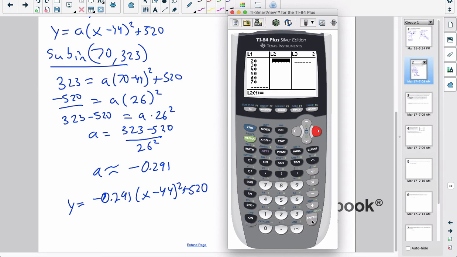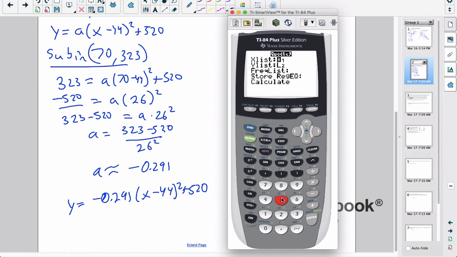And then we can type in the other numbers, 372, 462, 509, 501, 437, 323. Okay, and then we can go to Stat, Calc, and we have something down here called Quadratic Regression.